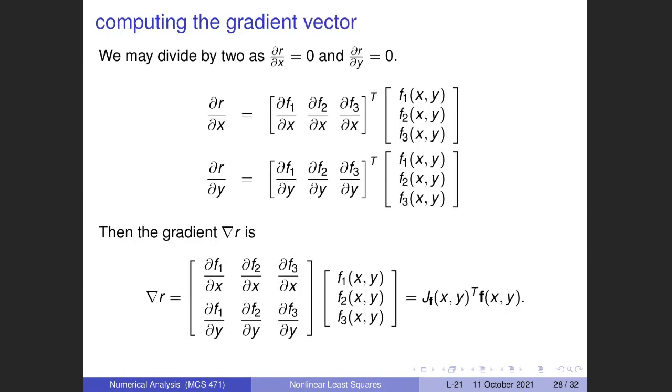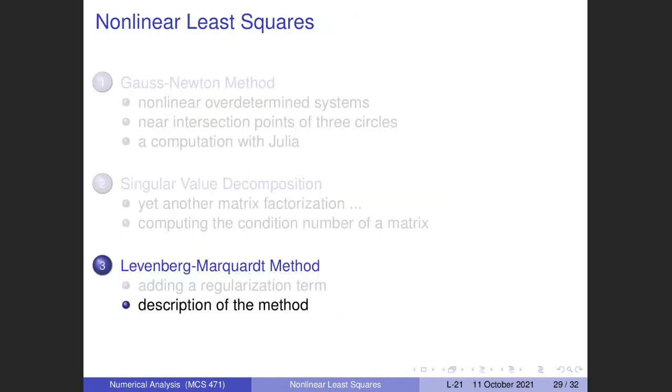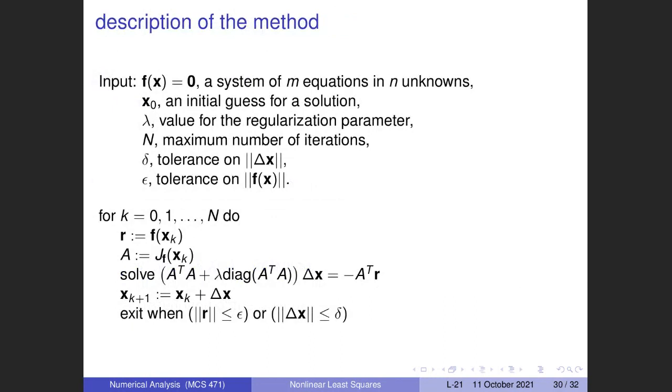And you will see that when we do the computation of the critical points, we end up with the formulation of Levenberg-Marquardt. We actually have the product of the gradient with the right-hand side. And that's what the steepest descent is.